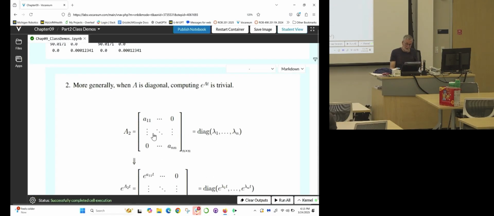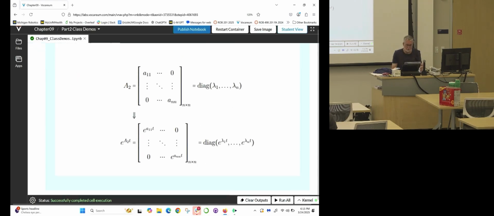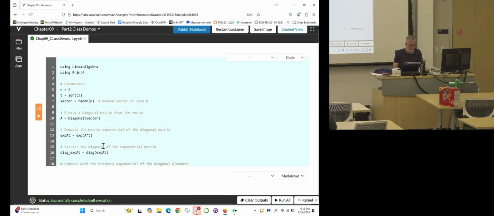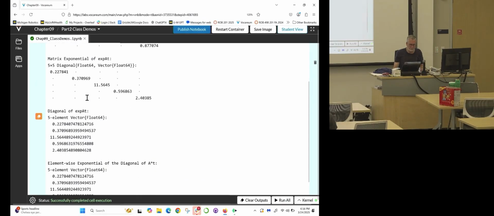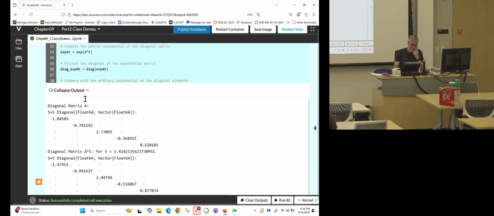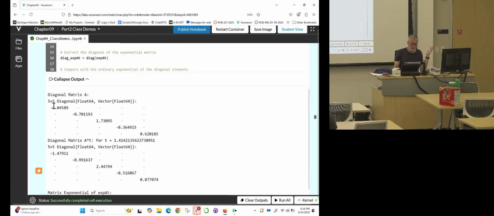If you have a bigger matrix and it's diagonal, the story does not change. I'm putting these as lambdas, like we use for eigenvalues, for a reason that we'll see on Wednesday. But e to the diagonal matrix times t is just the diagonal matrix of all of the exponentials. It's the same proof as we did for the 2 by 2. And this is doing it for a 5 by 5 matrix. Here's some random diagonal matrix.